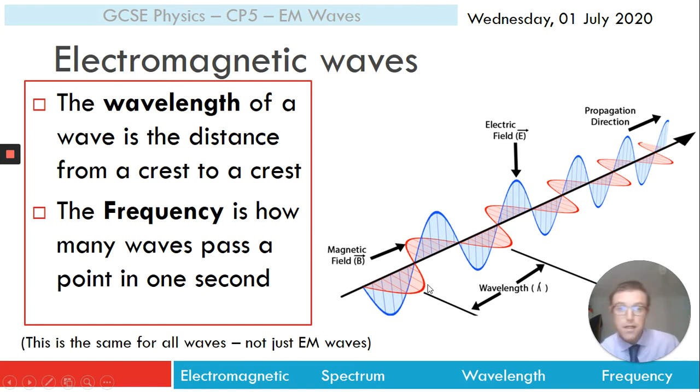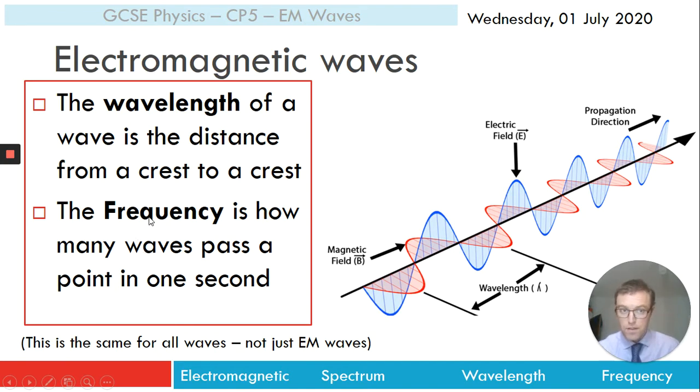So you can pick either the oscillation in the magnetic field, or you can pick the oscillation in the electric field and measure the distance. Wavelength is simply the measured distance between the crest in one field and the next crest in the same field. It would also work if we used a trough.